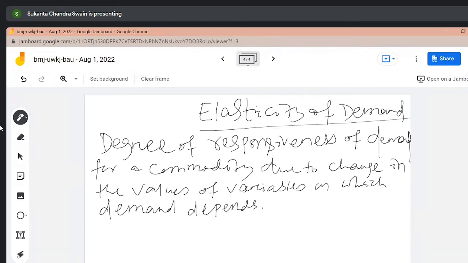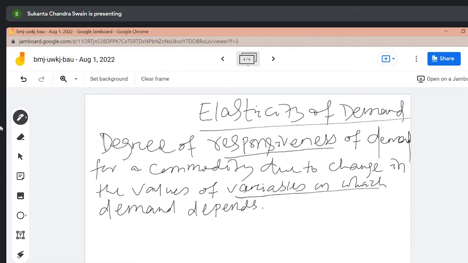So could you get this point? Degree means extent, the amount. Responsiveness means reactive. To what extent does demand react, demand respond, to change in the values of the variables on which demand depends?